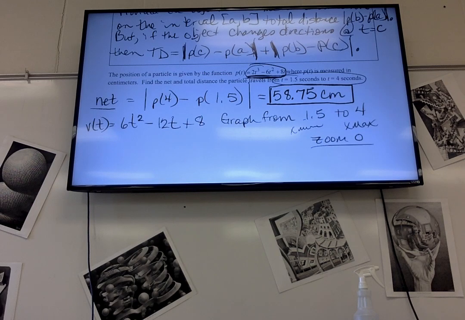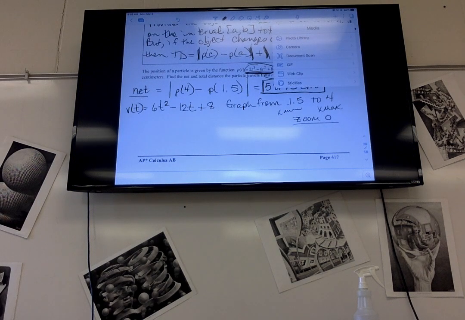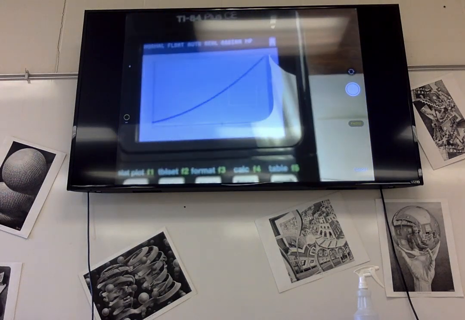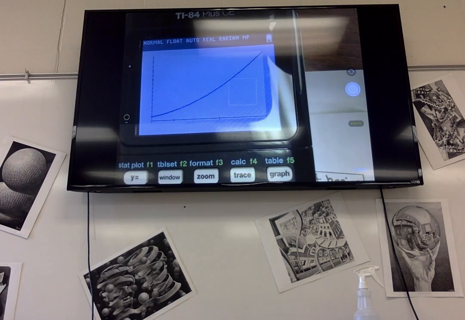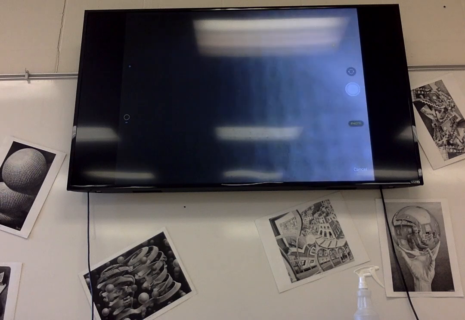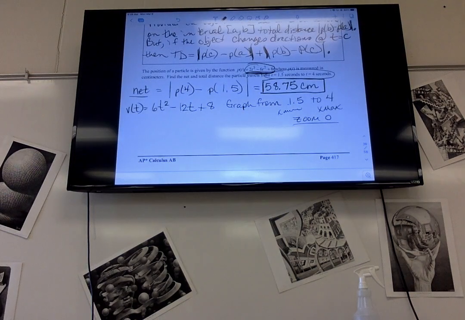So let me show you. Wait, if it's all above the x-axis, then it didn't change direction. Right. Didn't change direction at all. It's always going to the right. So it's the same, isn't it? Yes. So net and total distance is the same. So v of t is greater than 0 for all t in the interval 1.5 to 4.